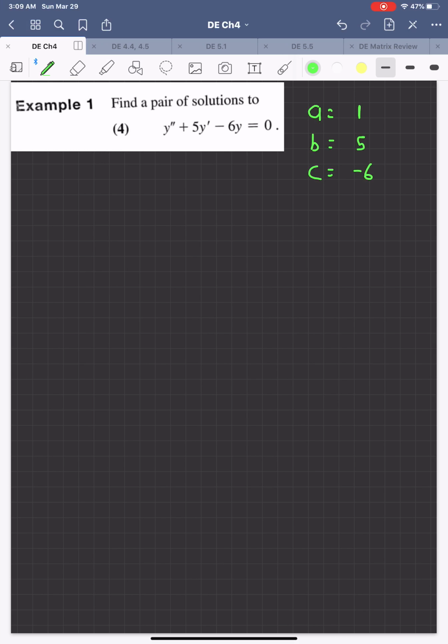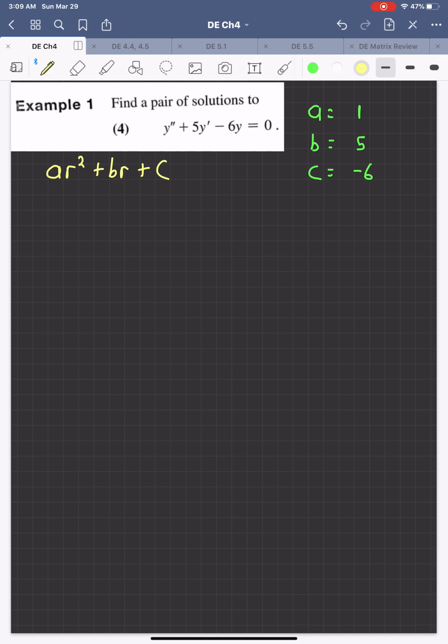All right, now, recall that the auxiliary equation is a r squared plus b times r plus c.